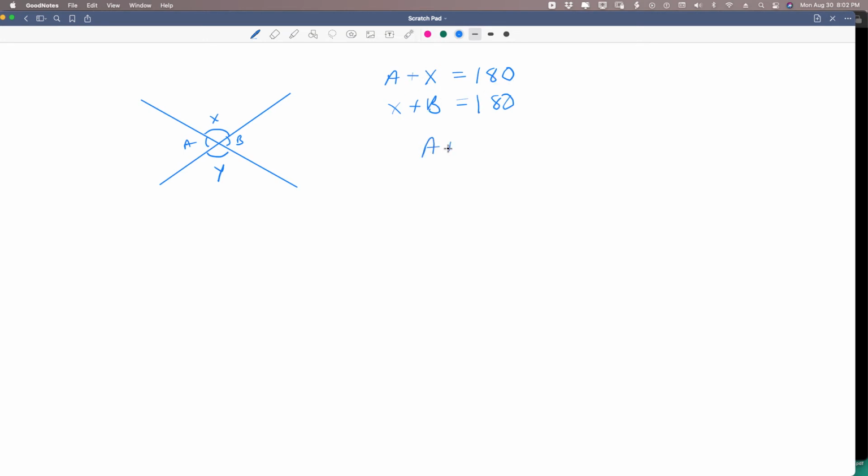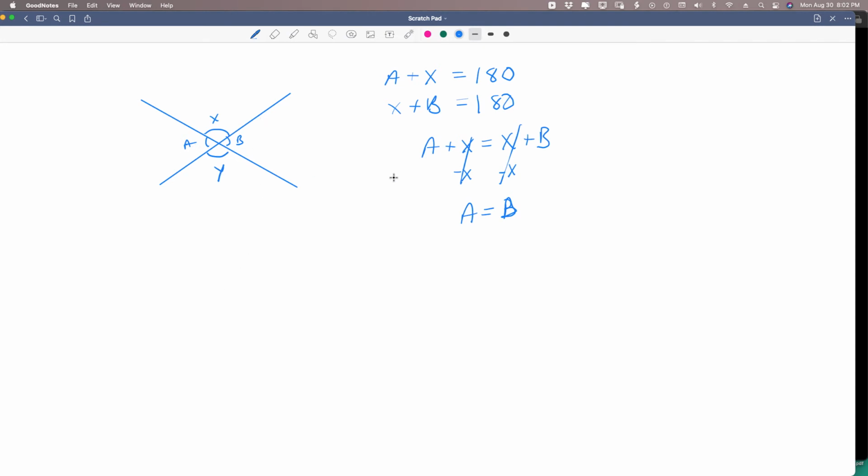That was Postulate 6. And it's because these things are equal to the same thing, they're equal to each other. So we could say that A plus X equals X plus B. And so just using logic and what Euclid told us, if we subtract equals from equals, so we subtract X, the same thing from the same thing, these cancel out, then we're left with A equals B. That proves that opposite angles are congruent, right?